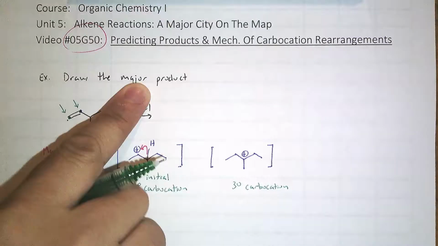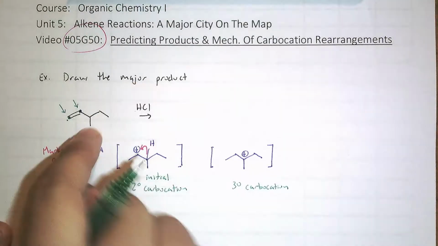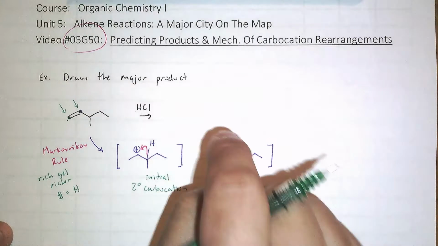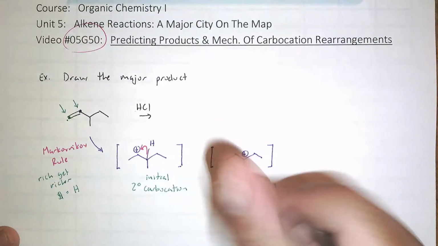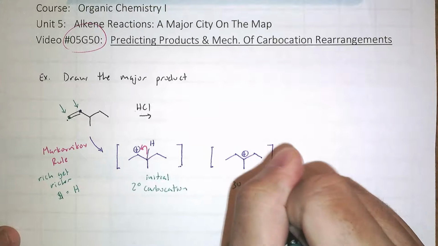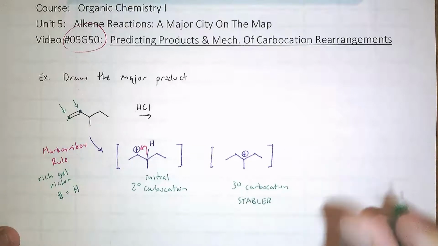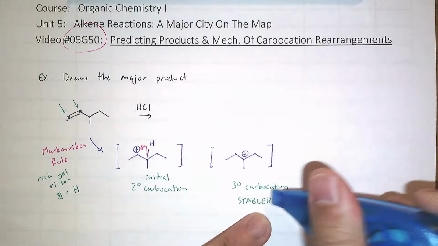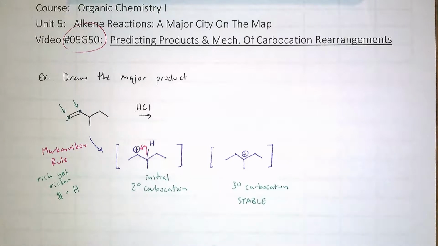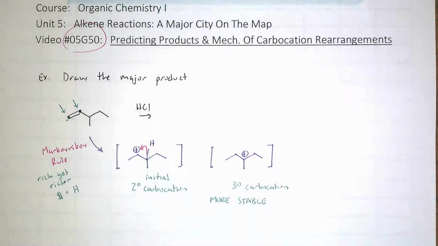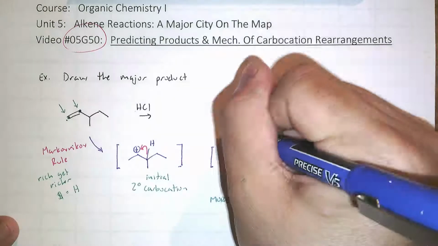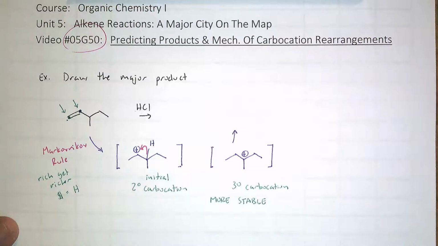And when I said the major product, for a reaction that goes through a carbocation, in most cases the major product will come from the more stable carbocation. So, I'm not drawing any mechanisms. I'm just showing you the intermediates.